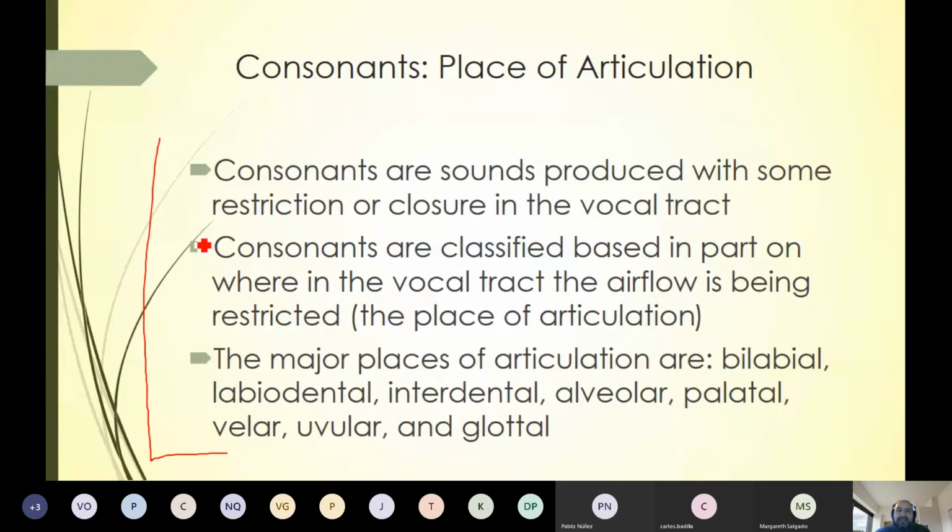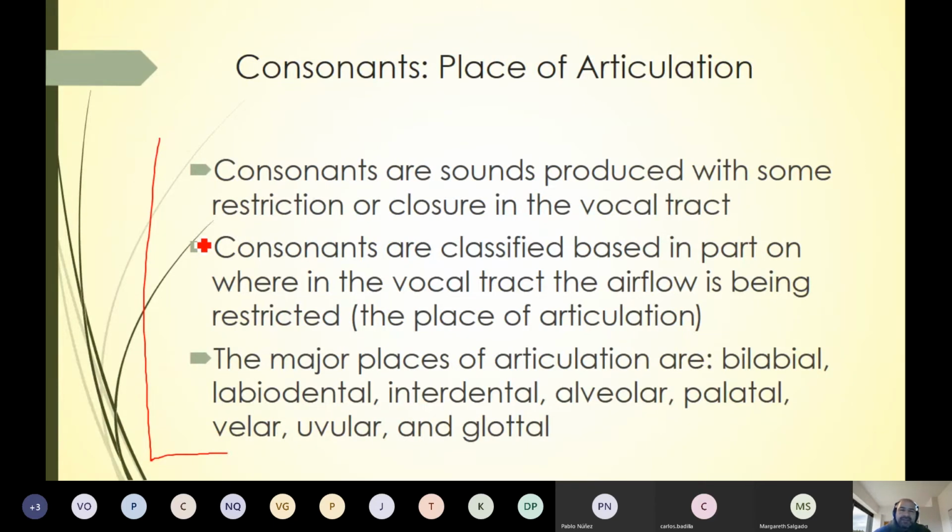Before, we used 5 or 6 criteria to classify vowel sounds. If you remember, we talked about the length of the vowel sound, the height in terms of where the tongue was in the oral cavity, the position of the tongue or the backness, the lips, if they were rounded or not, and the tension of the lips when we were producing the sounds.